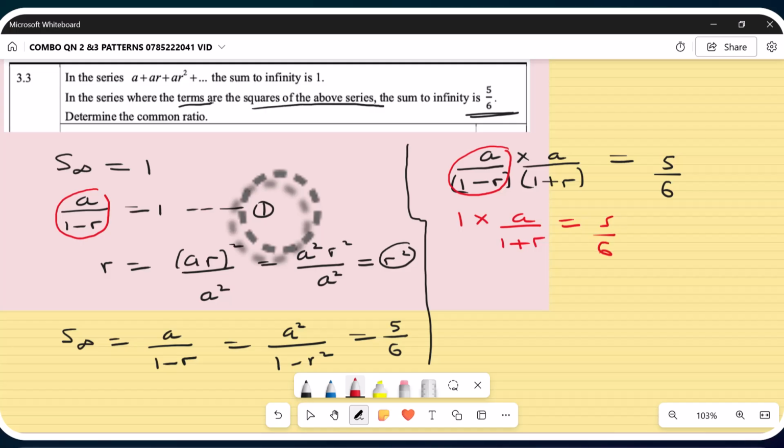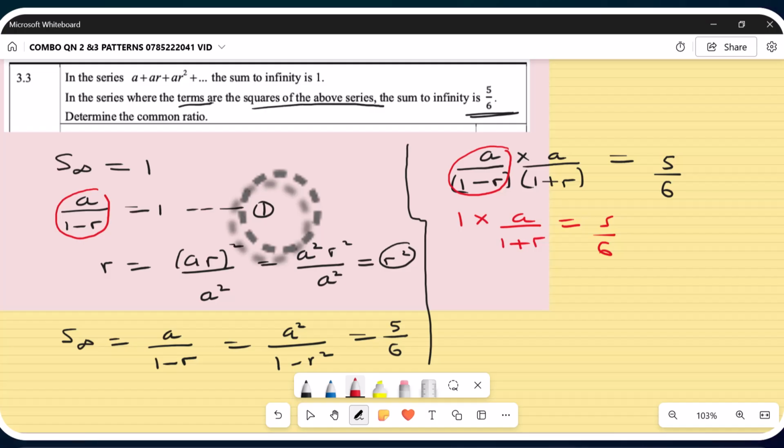So I can simply say that my a equals 1 minus r. Because I have an a here and another a there, I can equate the two. I'm going to say that 5 over 6 plus 5 over 6r equals 1 minus r. I'm looking for r.